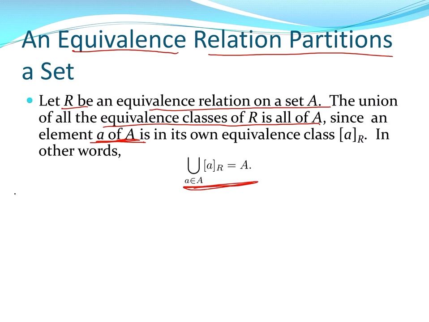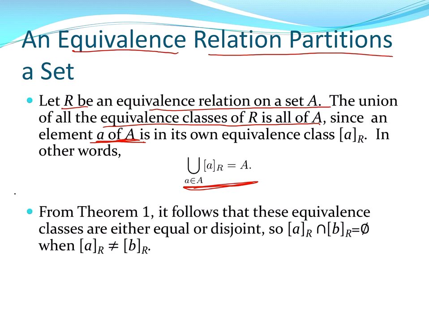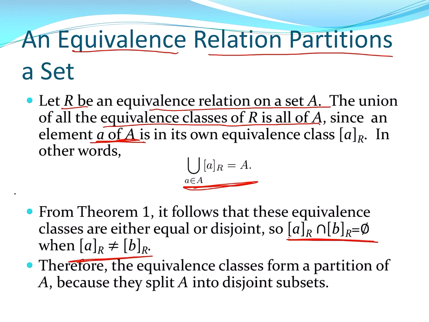So every element is in some equivalence class, and since that's the case, the union of every equivalence class of A will give us A. And then from that earlier theorem, we saw that equivalence classes are equal or disjoint, so they're disjoint when they're not equal, which is how a partition works. Therefore the equivalence classes form a partition of A because they split A into disjoint subsets.